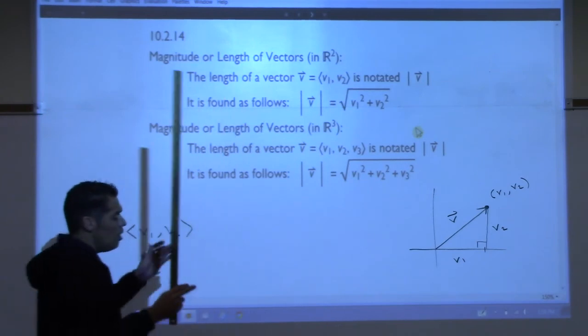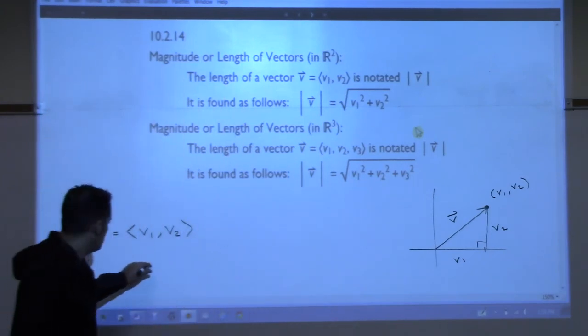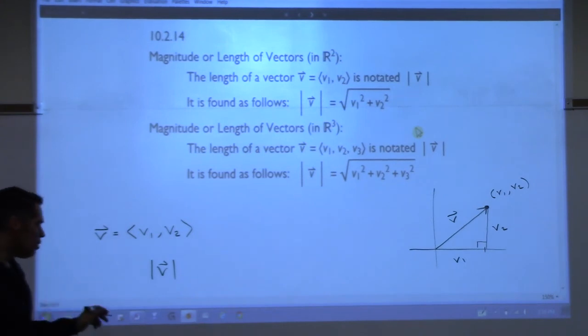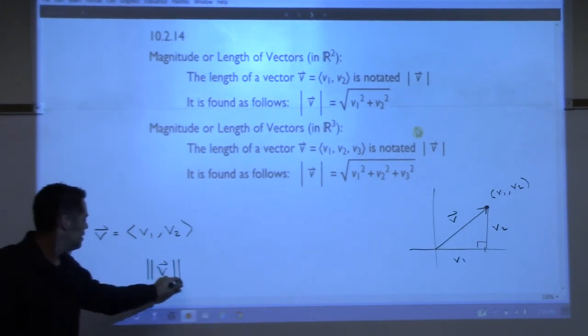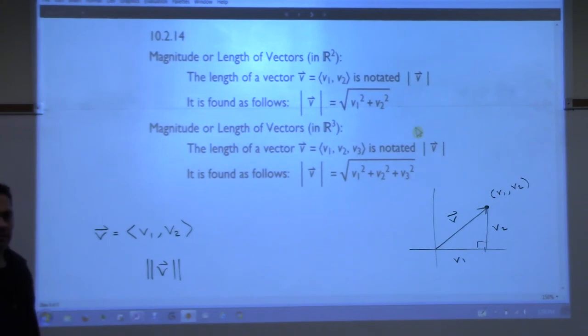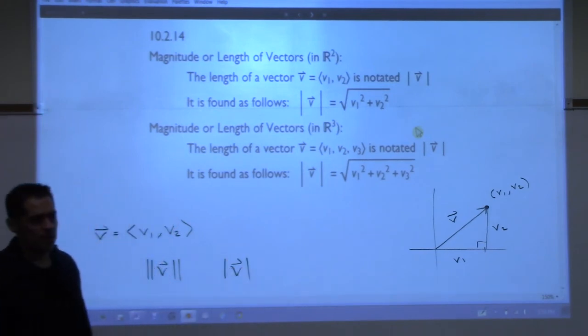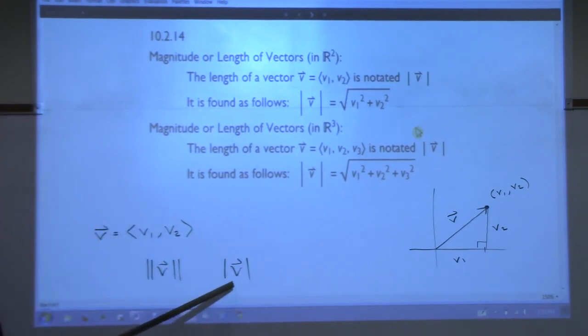Now, when you want to know what the length of a vector is, you use the absolute value bars around the vector. But your book actually does 2 bars on each side, and a lot of physics books do that also. In calculus we just use single bars on each side. It doesn't matter. These mean the same thing, and it means the length of the vector.